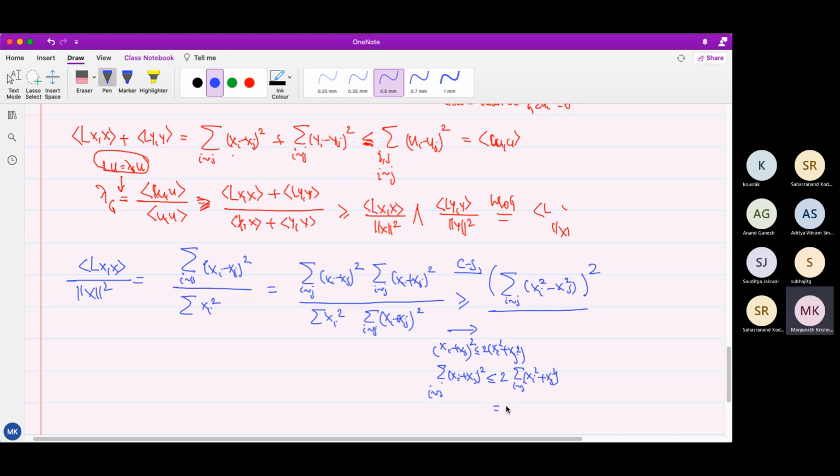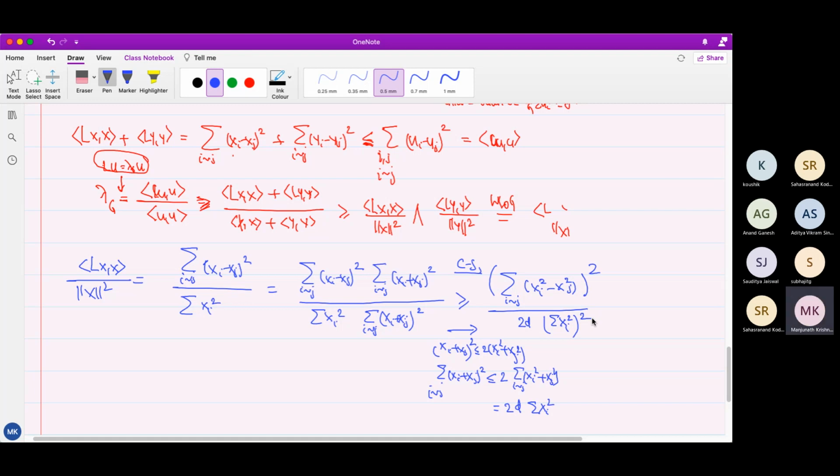That is 2 times the summation of xi square, but each vertex comes d times because it is in d edges. So you get 2d times the summation of xi square. Already I had one summation of xi square, and I have one more, the whole square. So this is what you get.